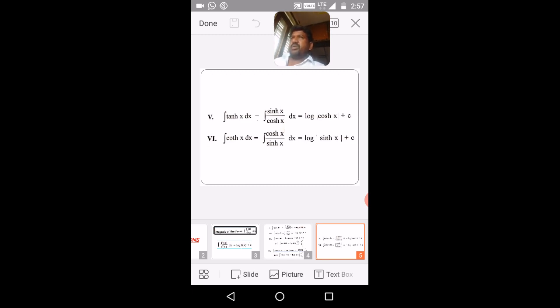Okay, so if the integral is in the form of the integral of f dash x by f of x dx, then you directly use the formula, it is equal to log f of x plus c.